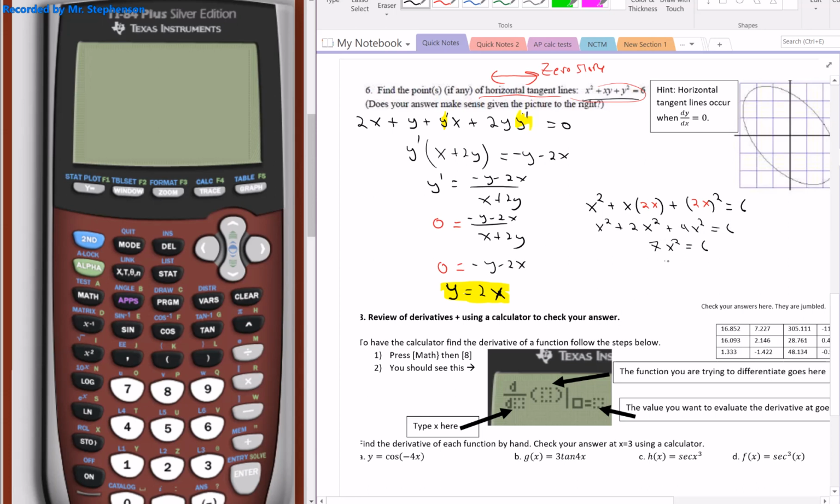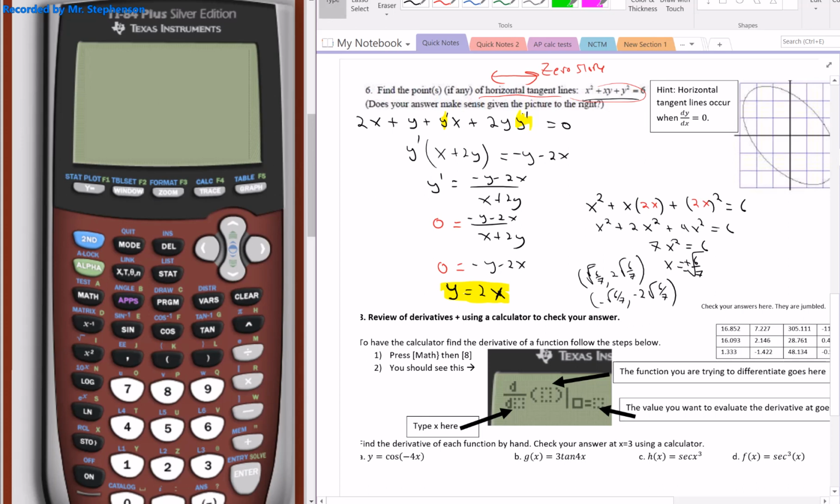So x equals plus or minus the square root of 6 over 7. That's what x equals, and if x equals that, then y simply equals 2 times that, because of this equation over here. So our points would be the square root of 6/7, 2 square root of 6/7, and the other one will be negative square root of 6/7 and negative 2 square root of 6/7.